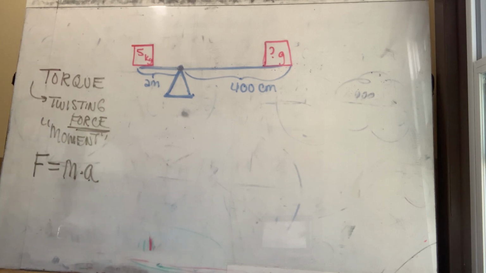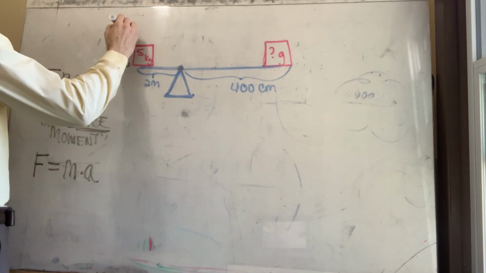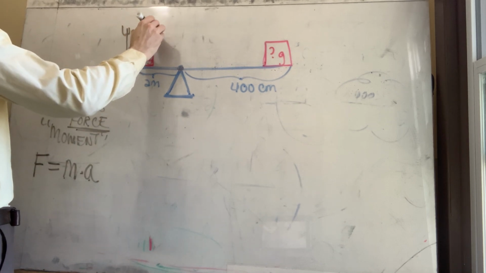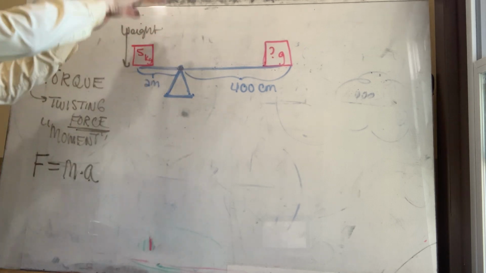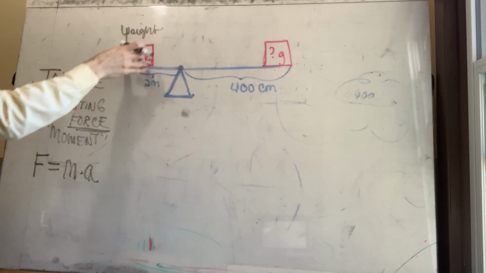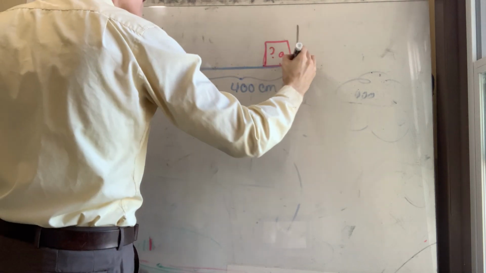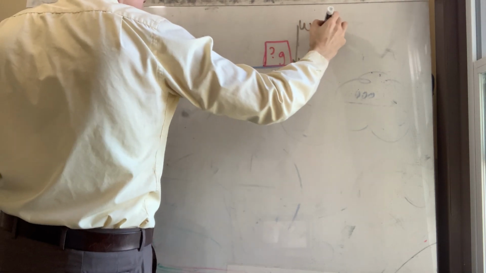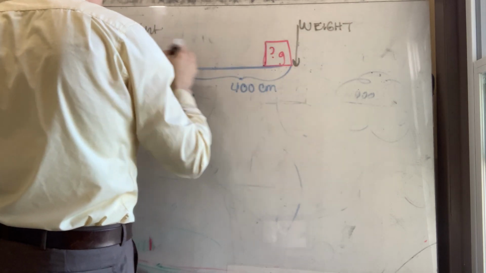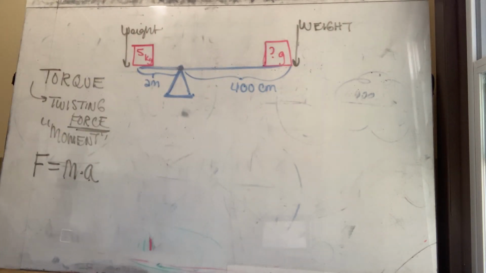All right. Now, the kind of force that is being applied here is weight, right? Because there's no human actively pressing on this. It's just a block or whatever. And there's a weight here. This is a type of force, right?